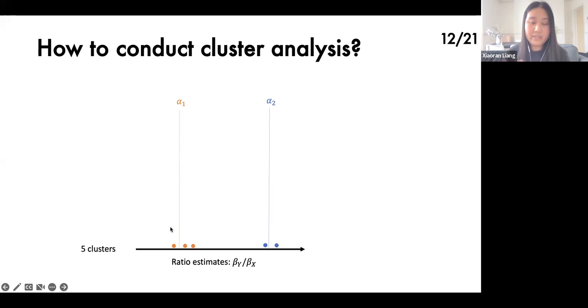At the beginning of our method, we have 5 ratio estimates, and we view each one of the ratio estimates as an individual cluster. So we have 5 clusters. The next thing we do is calculate the pairwise weighted Euclidean distance between each 2 of the clusters.